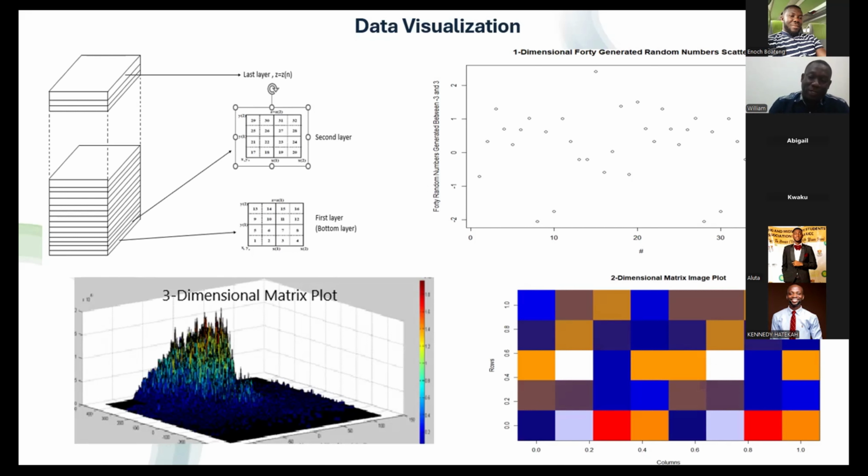Are we there? Or we should just continue with the visualization? Doc, if I understand, I'm looking at the top left, the second layer, the box second layer. I can see that within that smaller box, there are four sets of boxes, and each box has four values, let's say two rows and two columns.